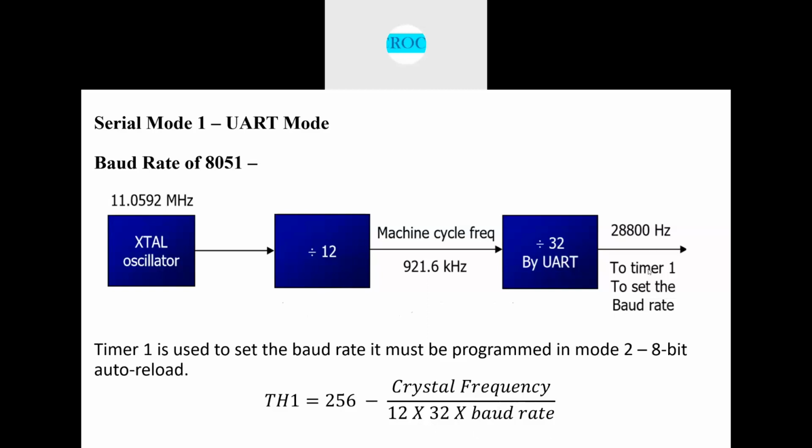The frequency for the timer is the crystal frequency divided by 12, and this is again divided by 32, so we have crystal frequency divided by 12 into 32 into the baud rate. For the baud rate which is set, what should be the initial count value to be loaded into timer 1? Since it is 8-bit auto reload, the initial count value is loaded only into the higher byte register TH1.